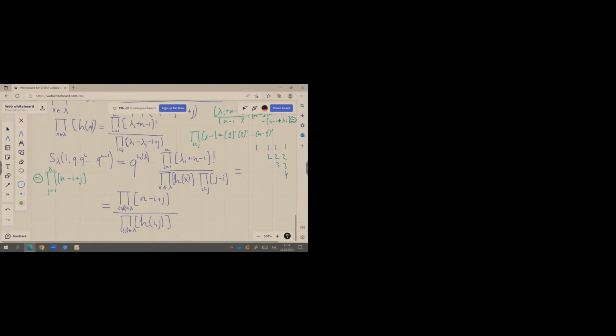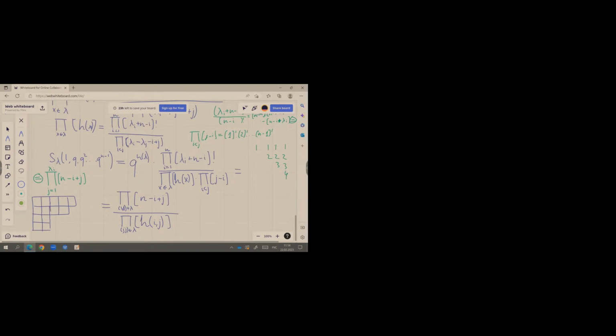Well, this can be written in an even prettier way if you introduce the notion of content of a box in a Young diagram.